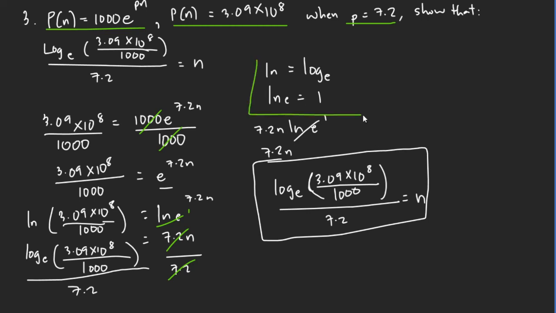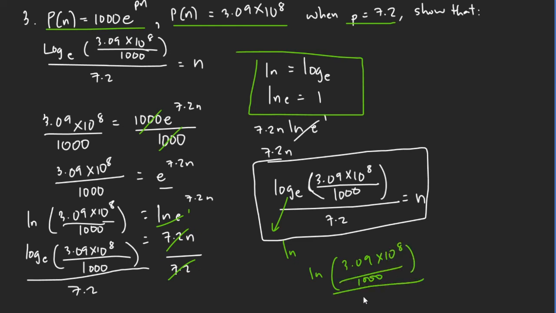So, if in case the question is ln instead of log of e, you just write ln times 3.09 times 10 raised to 8 over 1000 of 7.2 is equal to n. So, it's just the same. But in this case, we're looking for the log of e. That's why we use log of e, not ln. Okay? So, let's move to the next and last problem for logarithm.